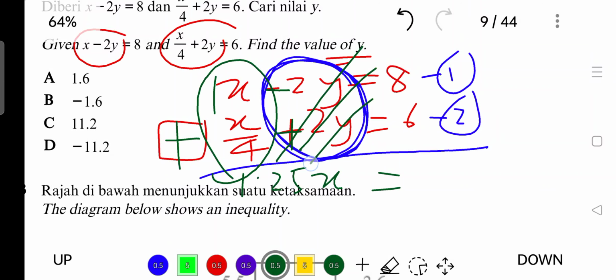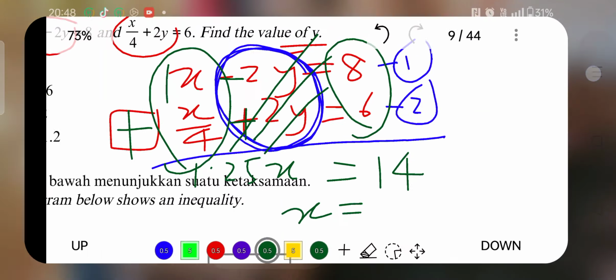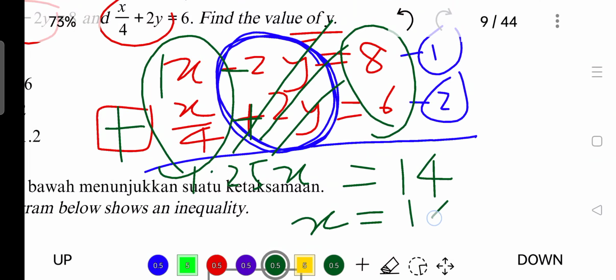This side we don't have anything already, so we don't have to write anything. And this one, 8 plus 6 is 14.